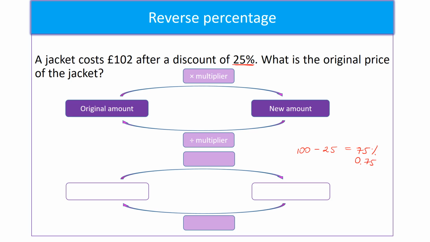We can work out the decimal by dividing 75 by 100. So that will be times 0.75, and we would get £102. Now because we're going the other way, we need to divide instead of multiplying, and that gives us 136. So that means that the original price of the jacket was £136.